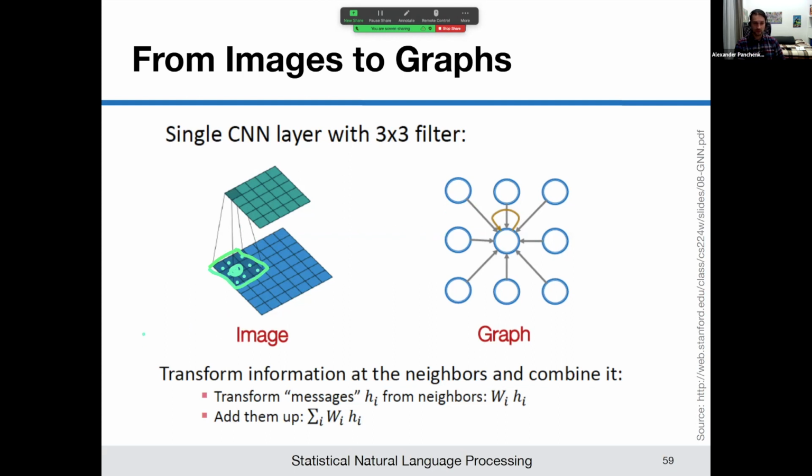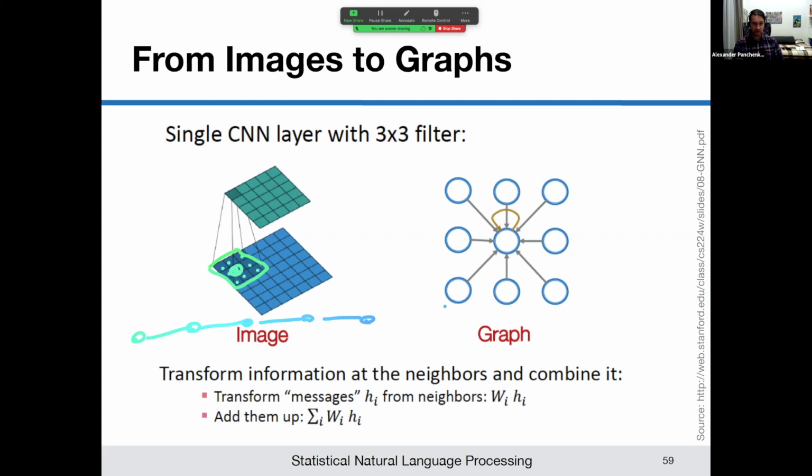If you have text, you have a sequential structure. But the graph is more complex, so you cannot directly adapt these CNN filters to a graph. It's not trivial to define it.